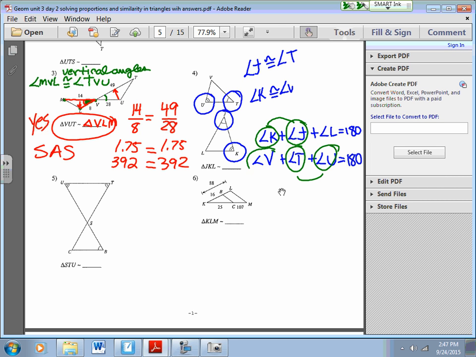So then what do you know about angle B and L? They have to be equal. If these two are going to add up to 180 and these two are going to add up to 180, angle B has to equal angle L. And the reason why is because there's a theorem called the third angles theorem.